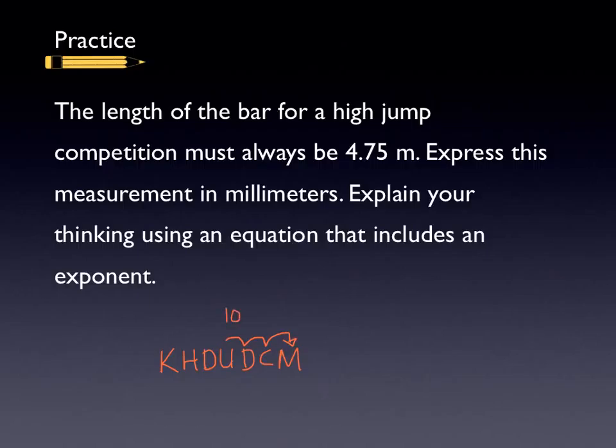That's going to be 10 times 10 times 10. So, because we're going from big to small, 4 75/100 times 10 to the third power is going to equal 4,750 millimeters.